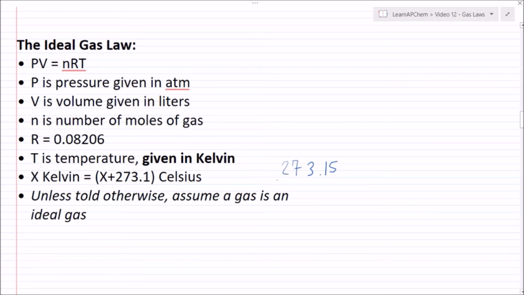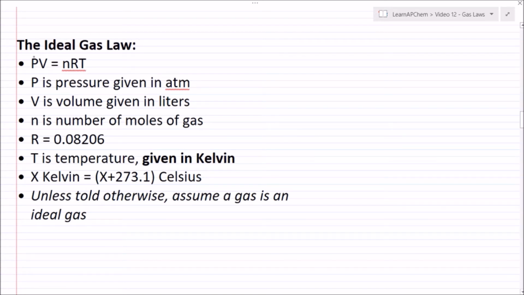Either way is fine. Now I talk about this being the ideal gas law. What this essentially means is we're assuming that there are no attractive or repulsive forces between the actual atoms in the gas, and that these atoms are not hitting each other because the atoms are so small.